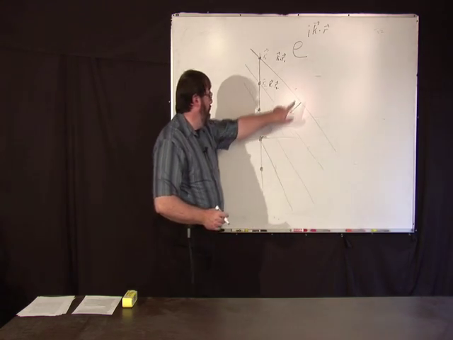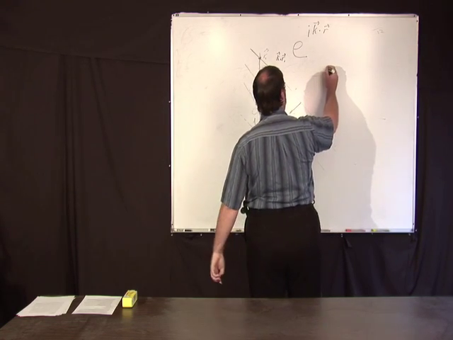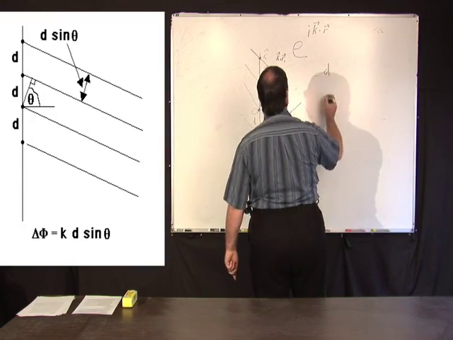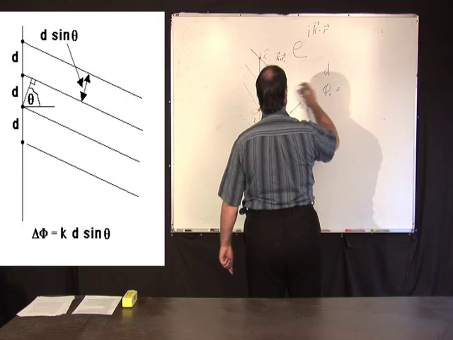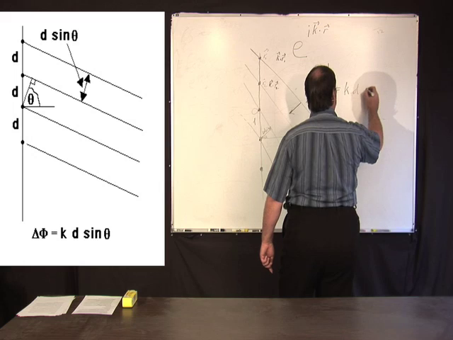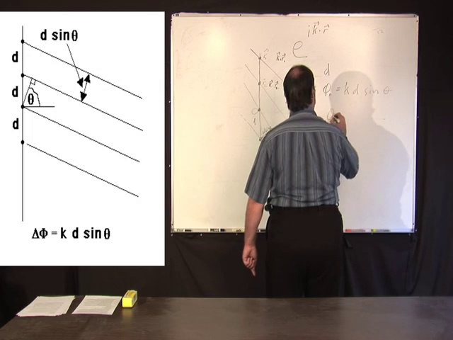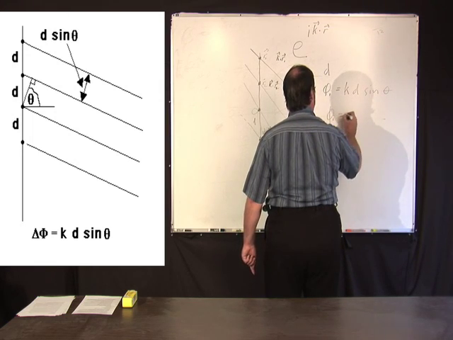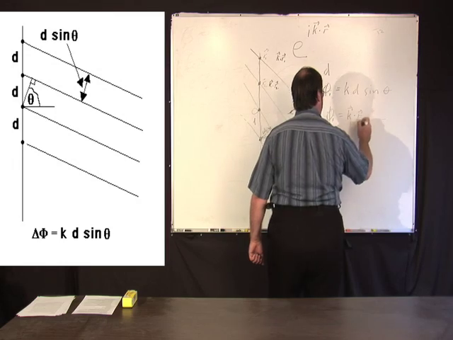So if they're evenly spaced with spacing d, then the phase at each element is k d sine theta, or the phase at each element, same thing, is k dot ri.